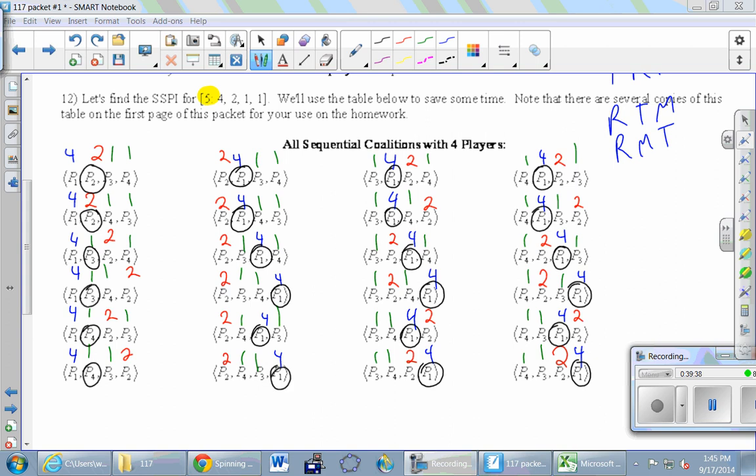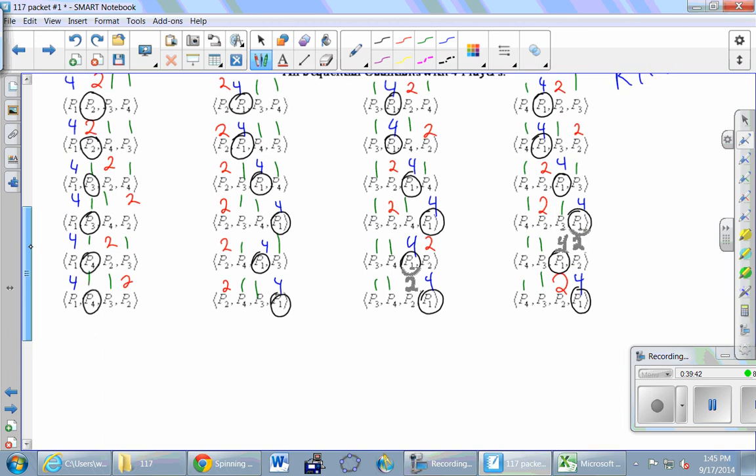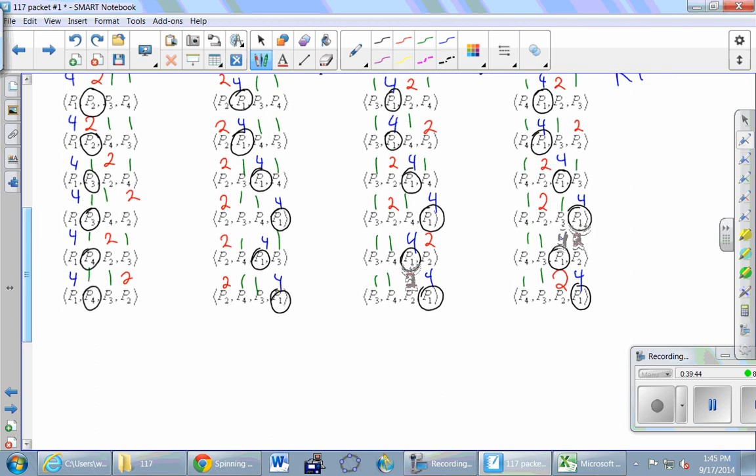So we've got our things very carefully circled. Now it's time to carefully count. So P1, P2, P3, and P4 each get counted a certain number of times. So we just have to count how many times each player was circled. Now P1 is circled way more than anybody else. So 18 is what I've seen.